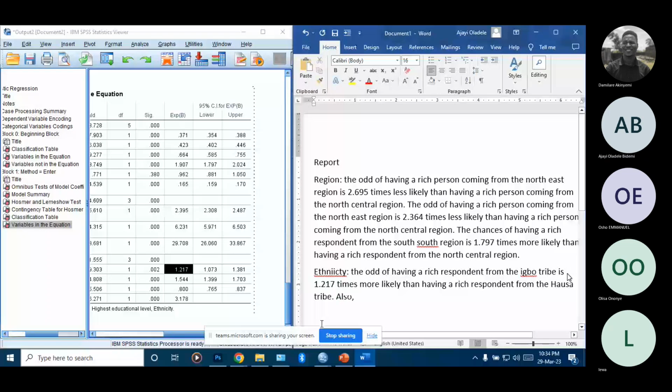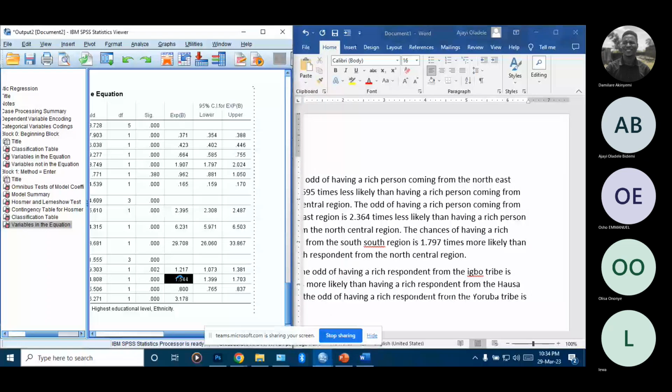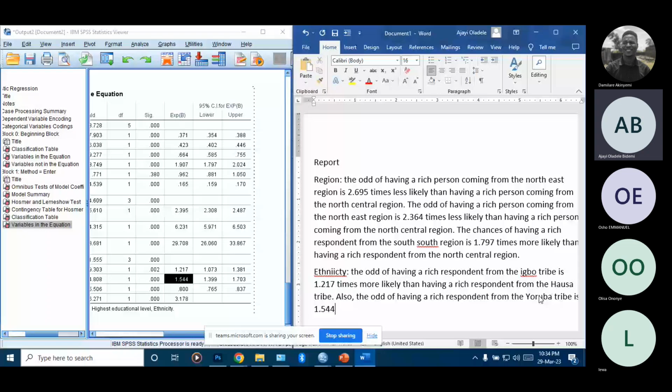The odds of having a rich respondent from the Yoruba tribe, this is the odds ratio, is 1.544 times more likely than having a rich respondent from the Hausa tribe.